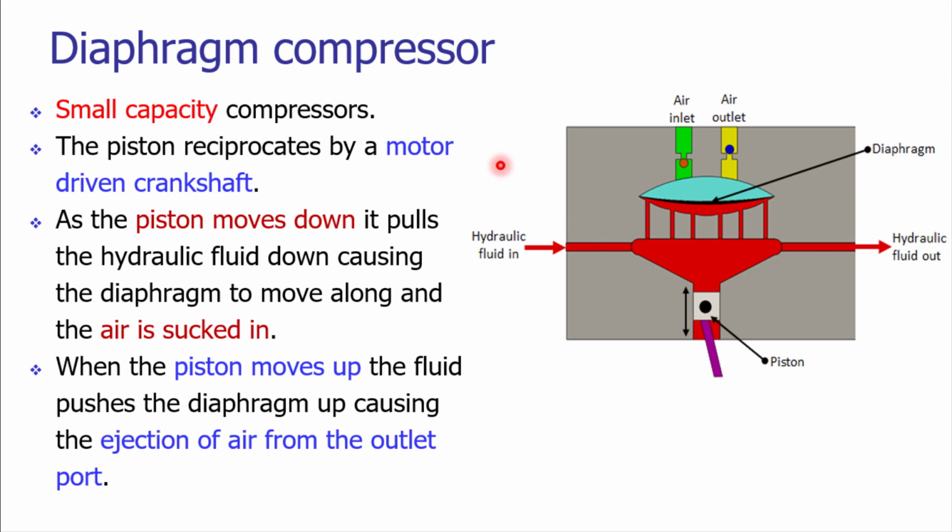So in this way the diaphragm compressors are used, where there is no contact of the processing air with the piston cylinder arrangement. The advantage of the diaphragm compressor is that it generates the clean compressed air.